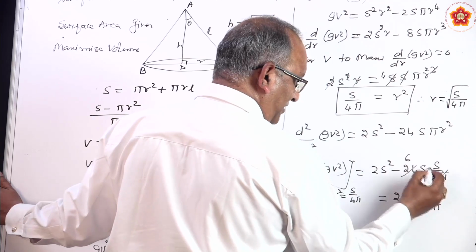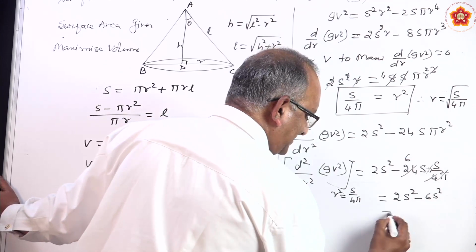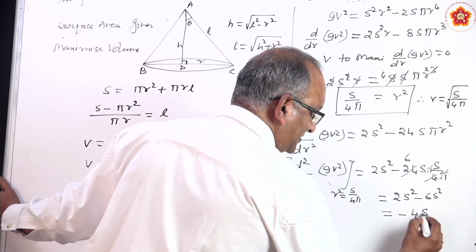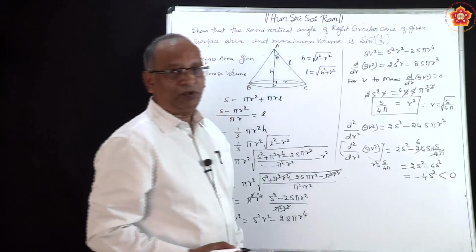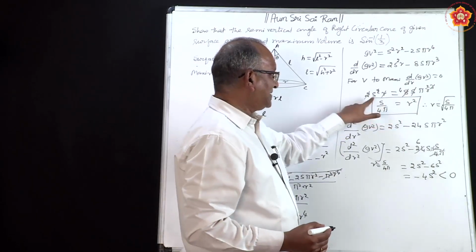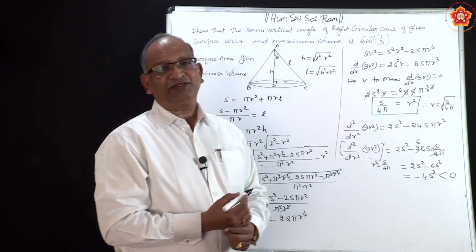In fact, that pi also will get cancelled. So you are left with this. The answer is minus 4s square. We can see that it is less than 0. When r square is s by 4 pi, we found out that the second derivative is less than 0.